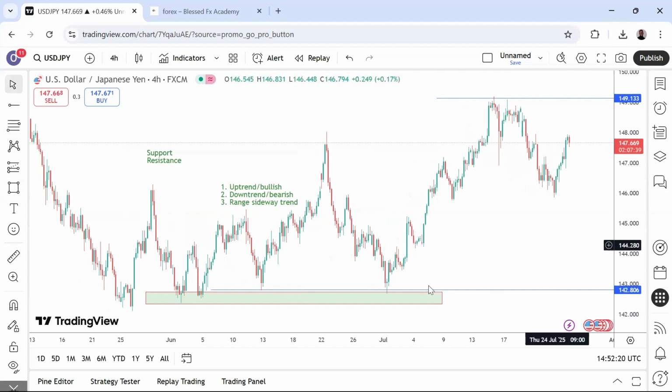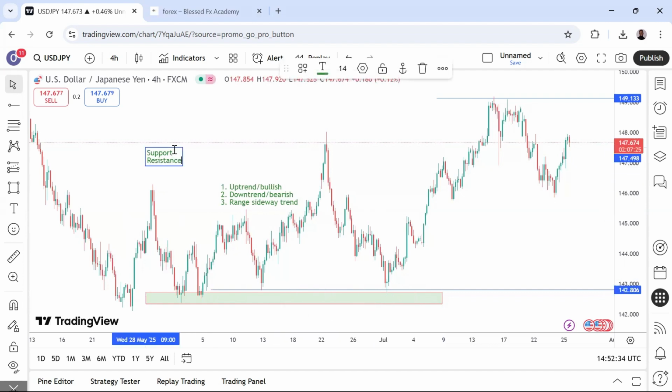You understand? In a situation where a straight line is not just going to pick it alone, then we could just use a band to take note of it. So once the market comes into here, taps into here, we start to look at it as an opportunity to buy. Why? Because you buy at a support and you sell at a resistance, right? You buy at a support and you sell at a resistance. So this is just the general idea.